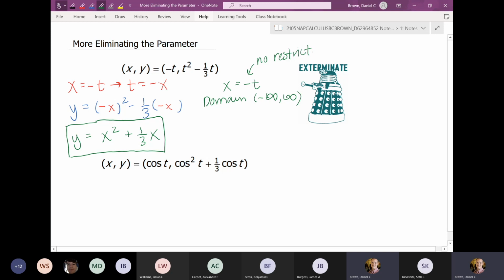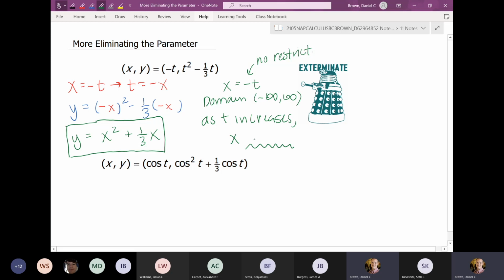To think about the movement of it, we want to think about what's happening as time passes. So we think to ourselves, well, as t increases, x is going to do something. Well, x is negative t. So as t is getting bigger and bigger, x is going to end up doing what?